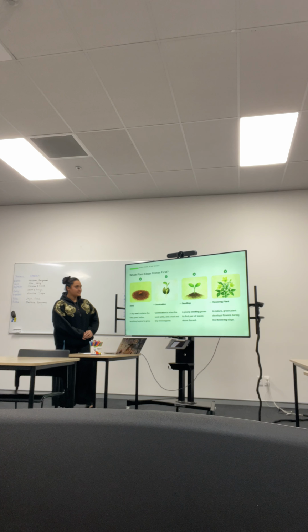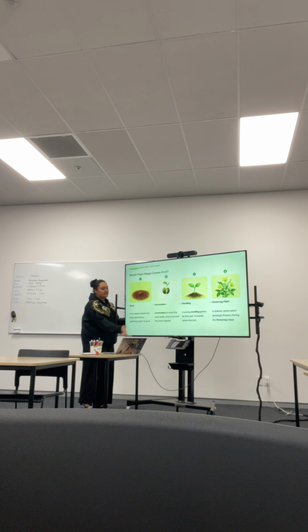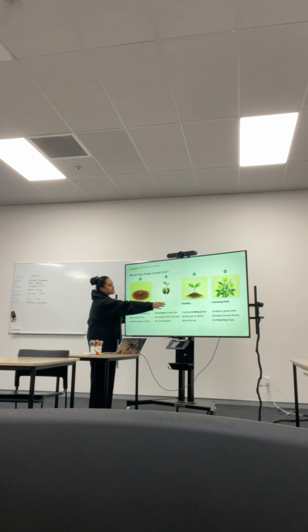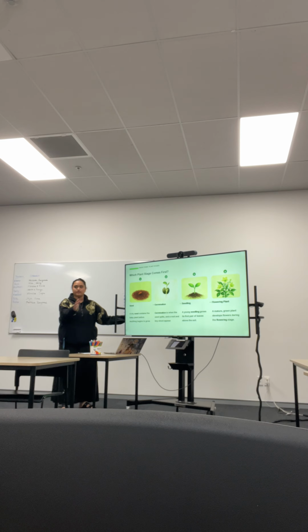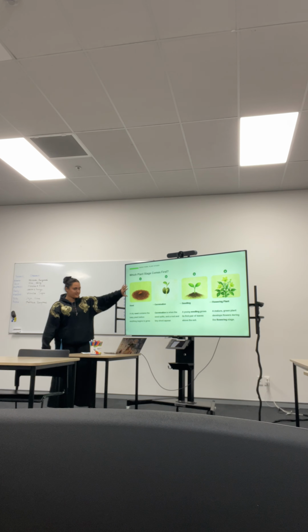Yay. So on this slide, we have the stages of what a plant goes through. We're gonna start off with the seed, germination, seedling, and then flower plant, and then we'll get into it deeper throughout the slides. Through this first block, we see that the seed, as a dry seed, contains the baby plant before anything begins to grow.